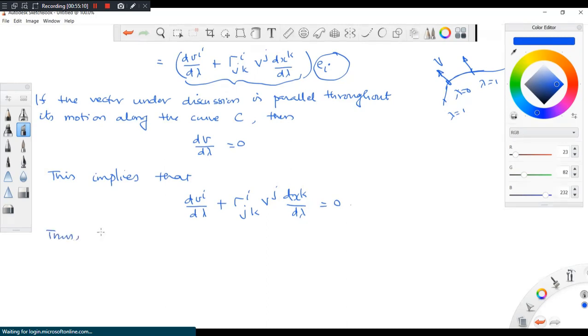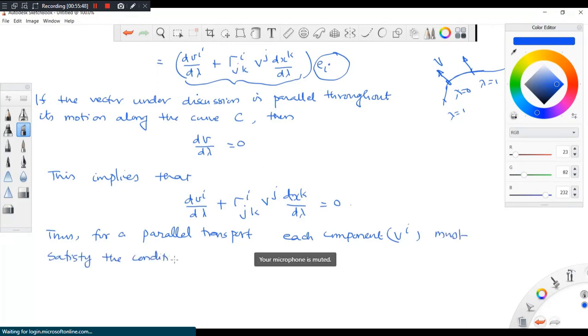Thus for a parallel transport, each component Vi, this is based on components, not on vectors, must satisfy the condition dVi/dλ equals minus Γ^i_jk Vj dxk/dλ.